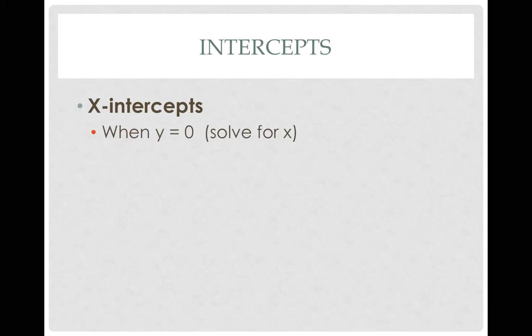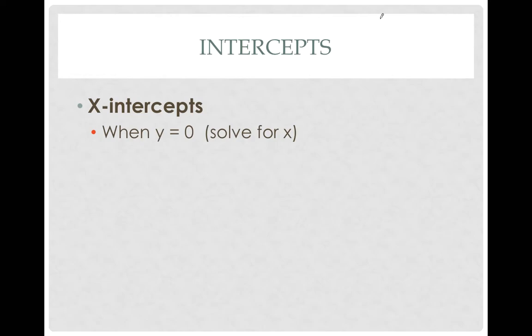Moving forward here, another something we should really, really understand, because these are kind of real-world coordinates that get used quite often when we're looking at real-world problems. First of them is our x-intercepts, and you just need to know that in order to find an x-intercept, you substitute y equals 0 and solve for x.